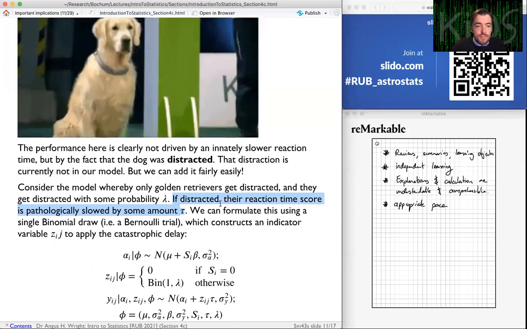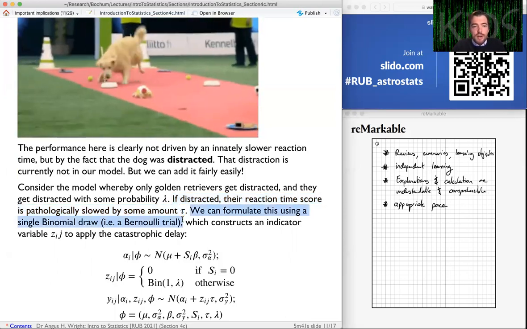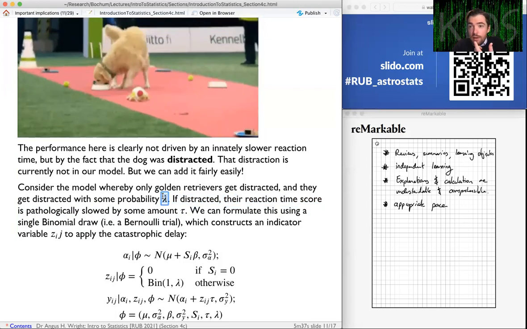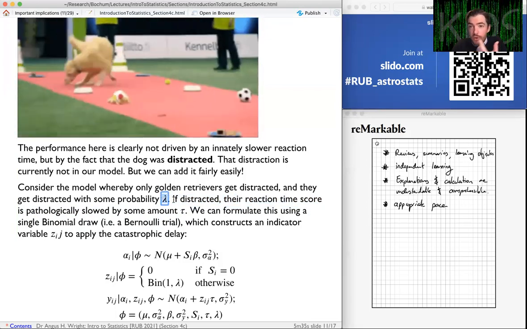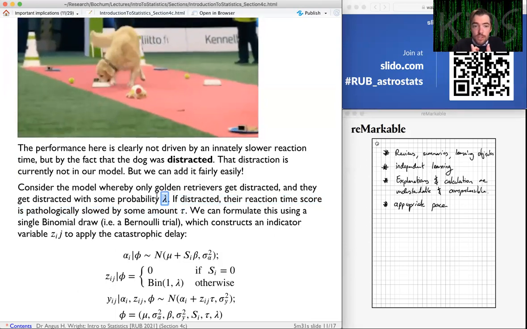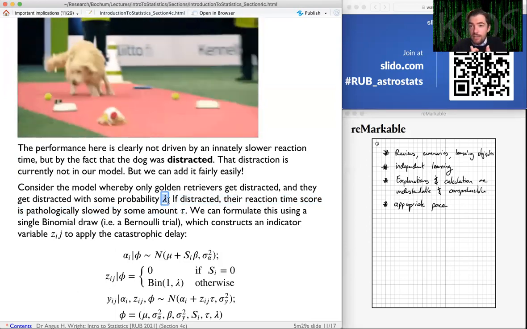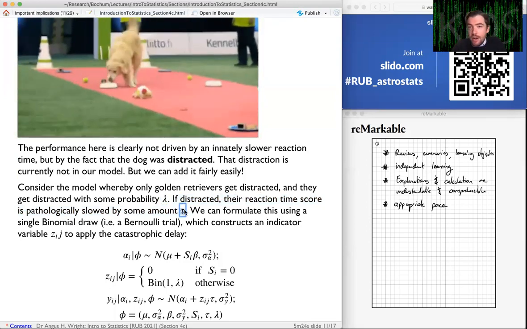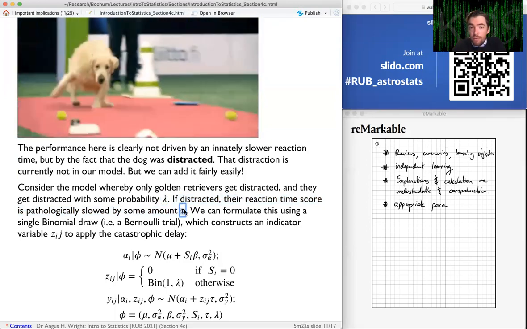And you can formulate this by just taking a single draw from a binomial, a 0 or a 1, to determine whether or not the dog was distracted, which is governed by the probability of being distracted, lambda. And then you have this tau, which is an unknown, which you want to fit for as well.